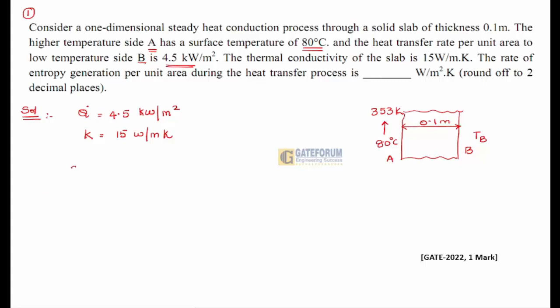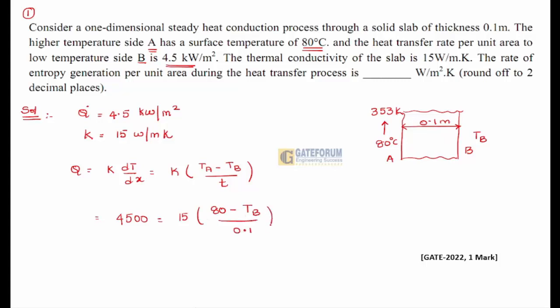We all know that Q is equal to K into dT by dx, that is K into TA minus TB by thickness. That gives 4500, the value of Q, changing kilowatt to watt per meter square, 15 the value of K, 80 minus TB by thickness 0.1.